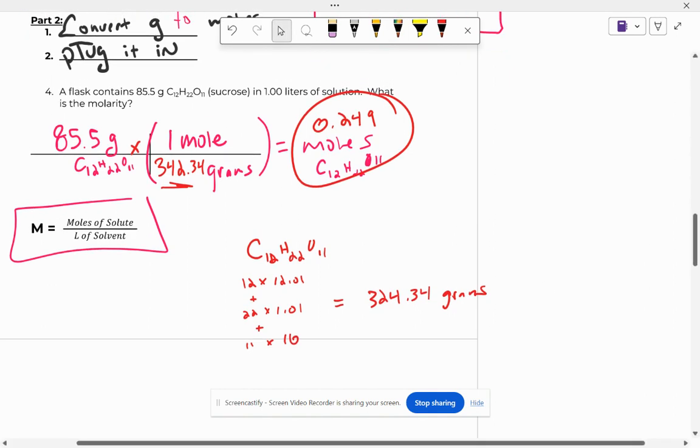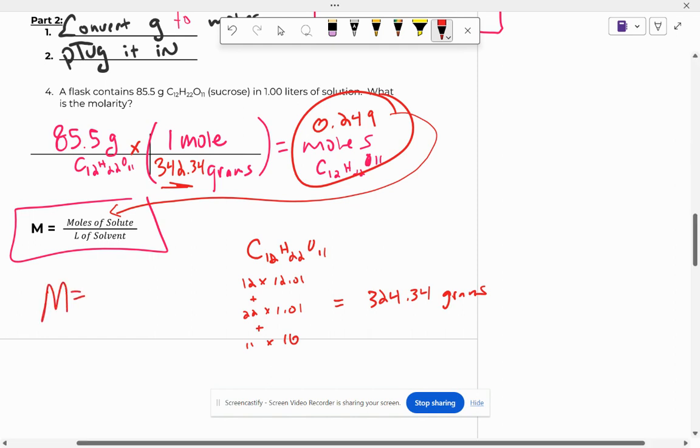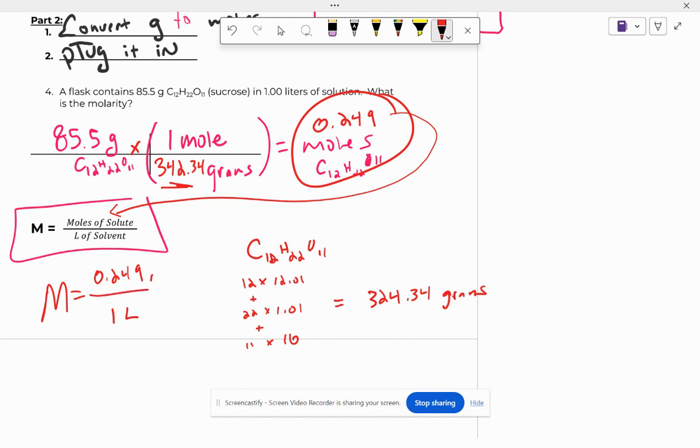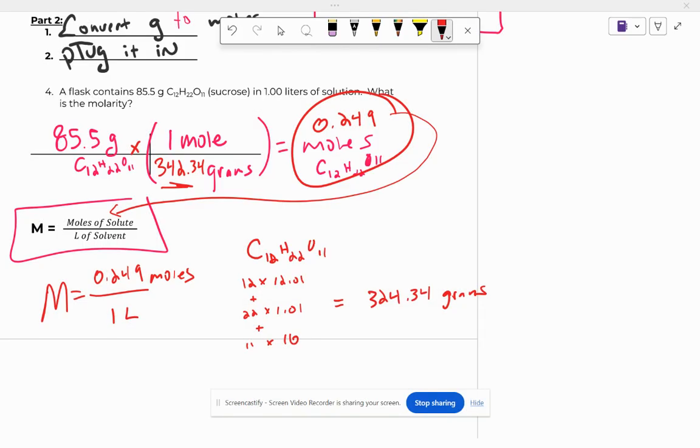So how I do that then is that number can go there, and then I say I got 1 liter, so the 1 liter goes on the bottom. Big M then is going to be 0.249 over 1 liter, which is 0.249 divided by 1.